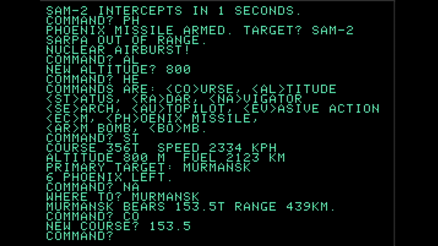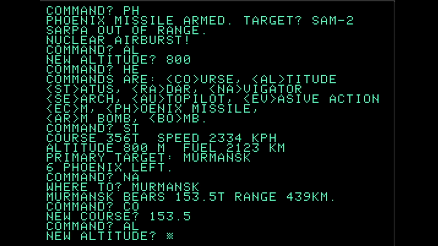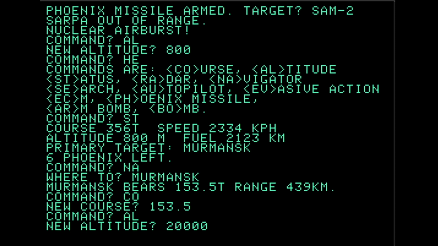So we could fire it at Murmansk once we are within about 250 kilometers, I believe. So I'm going to raise my altitude, and at which point I expect we're going to get a lot more people firing at us. But what can you do?